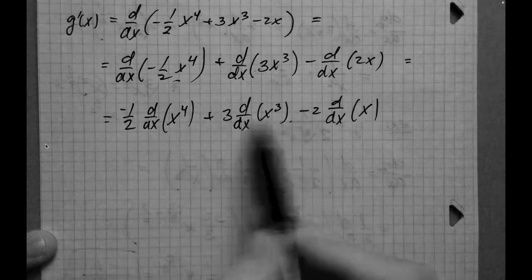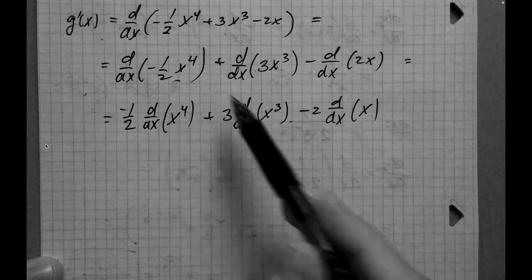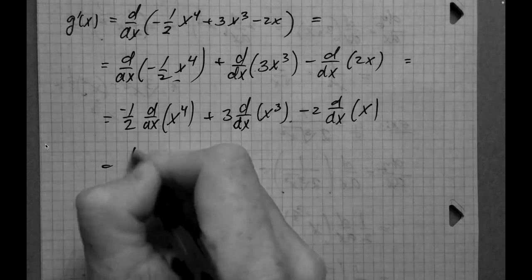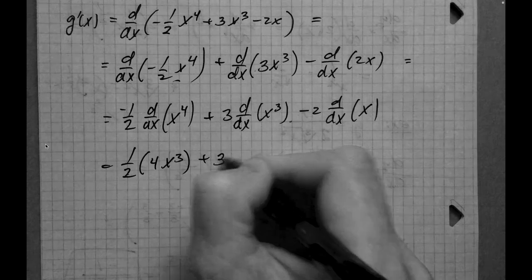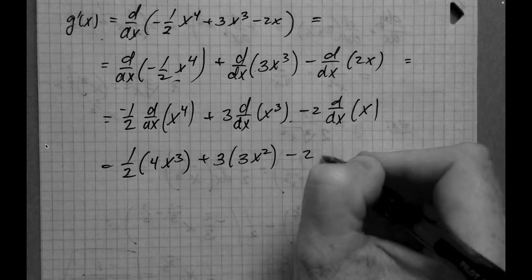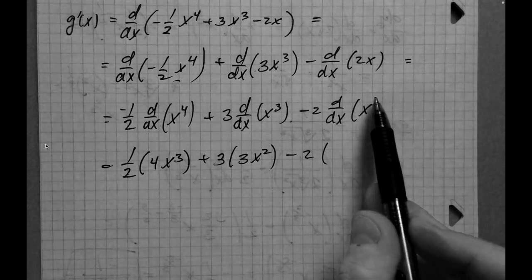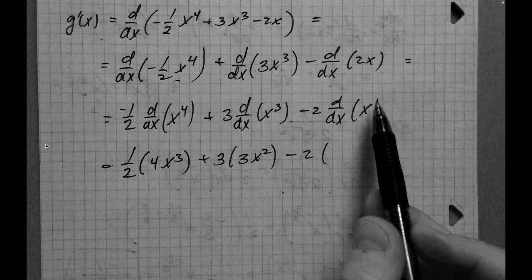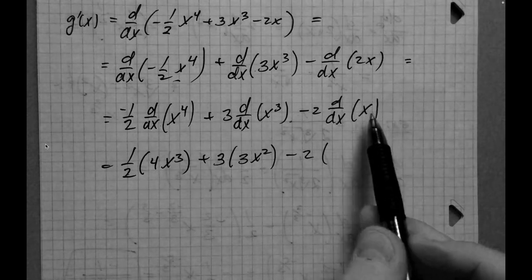But then it's a straightforward application of the derivative of x to the n, right? That first rule. So you get 1/2 times 4x cubed plus 3 times 3x squared minus 2 times, now what happens here with the x? So technically the exponent on this is 1, right? So I'd bring a 1 down, and then I'd go 1 minus 1, which would be 0.